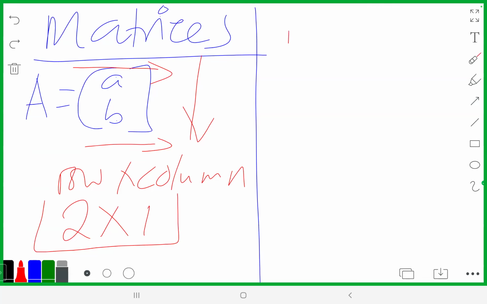We have another matrix, let's call it B, and I just want us to start from the basics so that you can understand properly where we're going. What's the order of this matrix B? How many rows do we have?